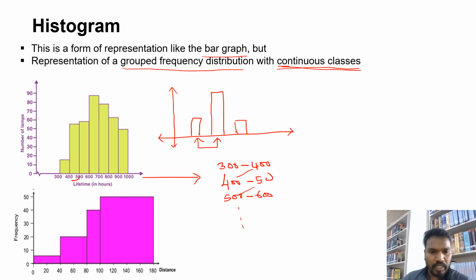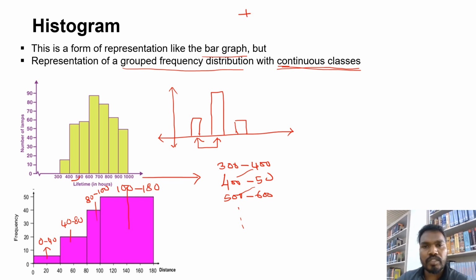Now look at the second one. What is the first class here? 0 to 40. And then the second one, 40 to 80. And this is 80 to 100. And this is 100 to 180. So that is one difference.